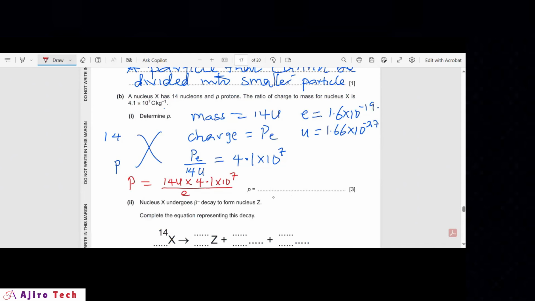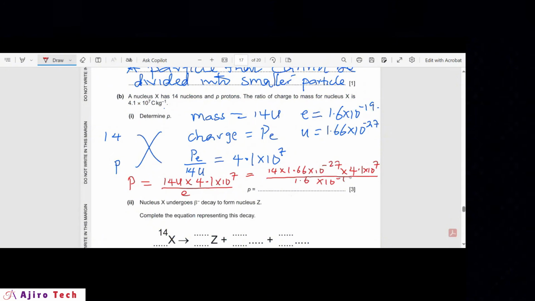If you do that, it will definitely give us 14 times 1.66 power minus 27, then 4.17 over 1.6 power minus 19.